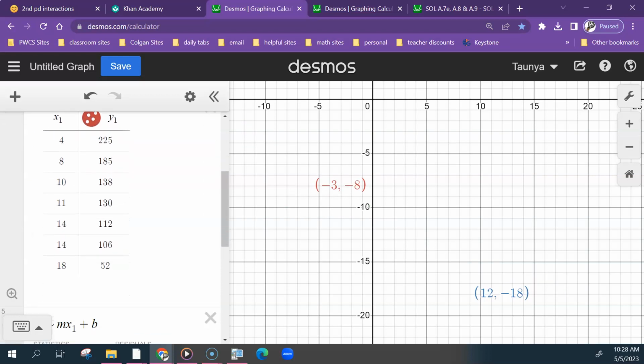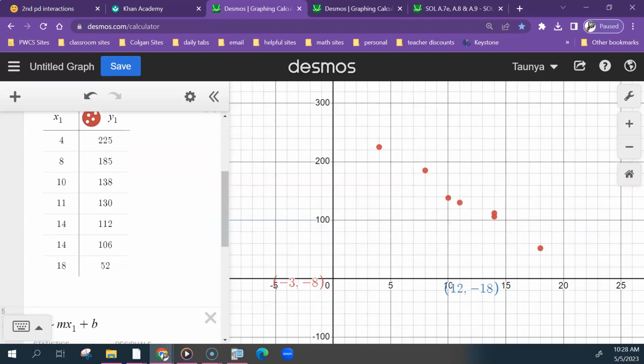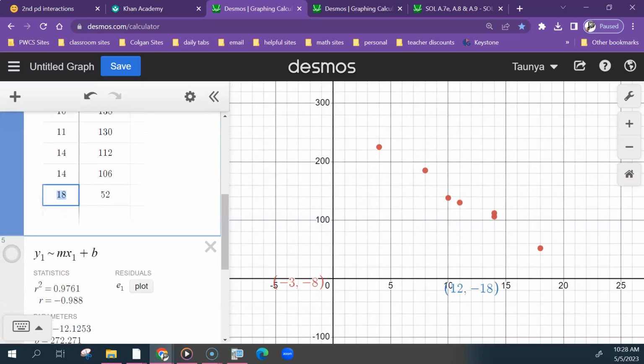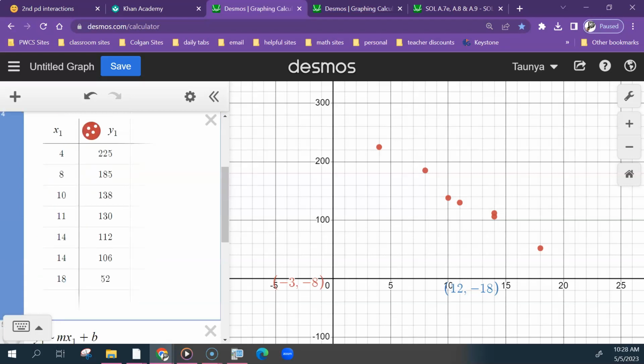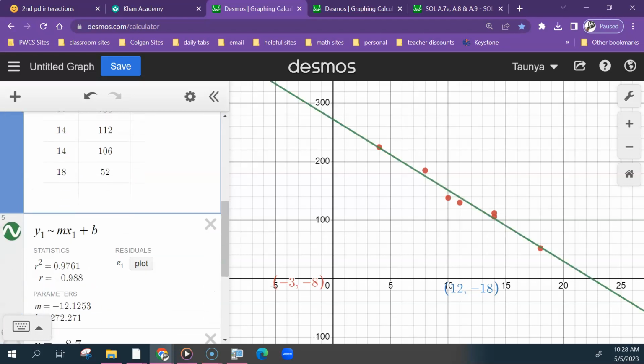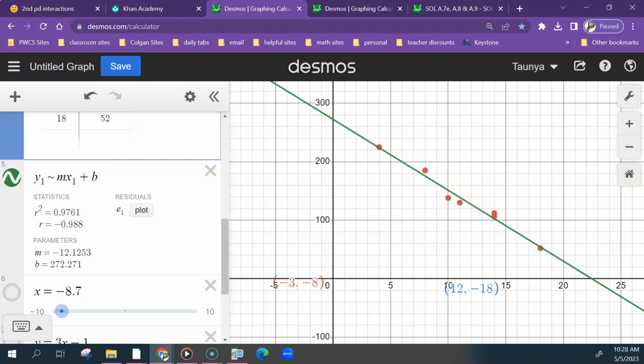For number 2, you had to plot the points first and find your line of best fit. So your y1 tilde mx1 plus b.